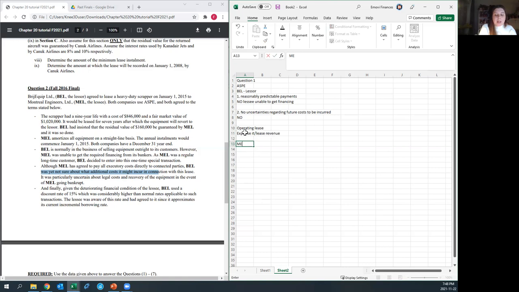And then for Mel, the lessee, we're going to check the 3 criteria. So first, is the lease term at least 75% of the useful life? So the lease term is 7 years.